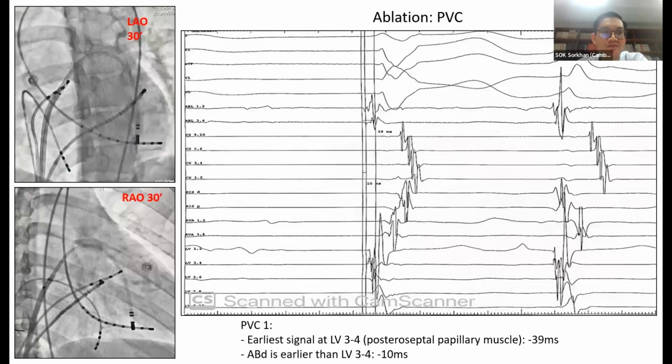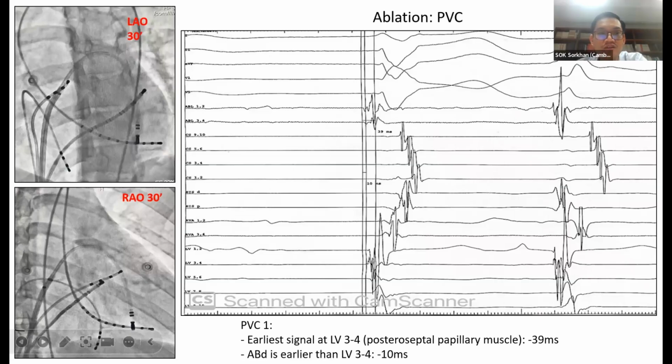So we did the transseptal puncture to get our irrigated ablation catheter through the SL1, and we tried to map again at LV34. We got the fragmental signal in the ablation distal.